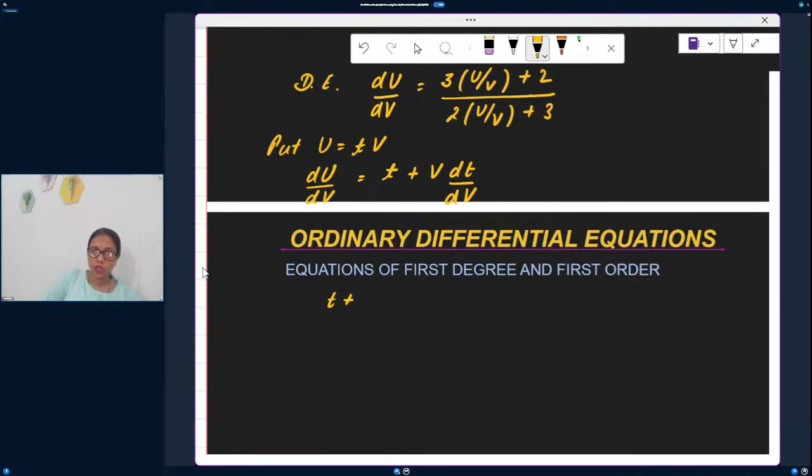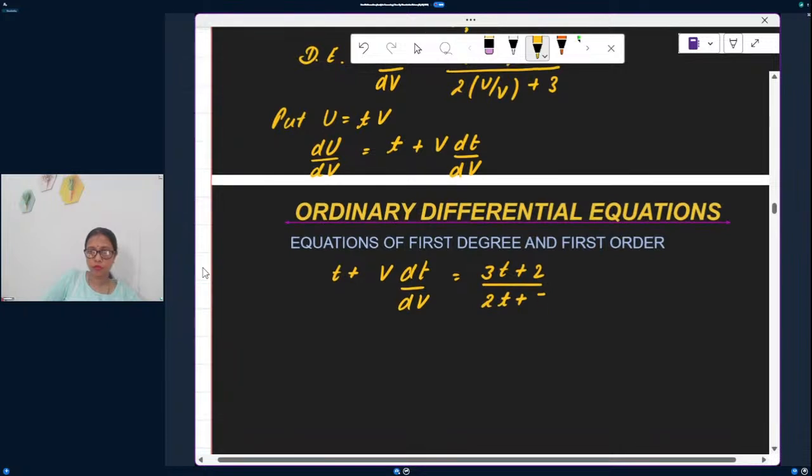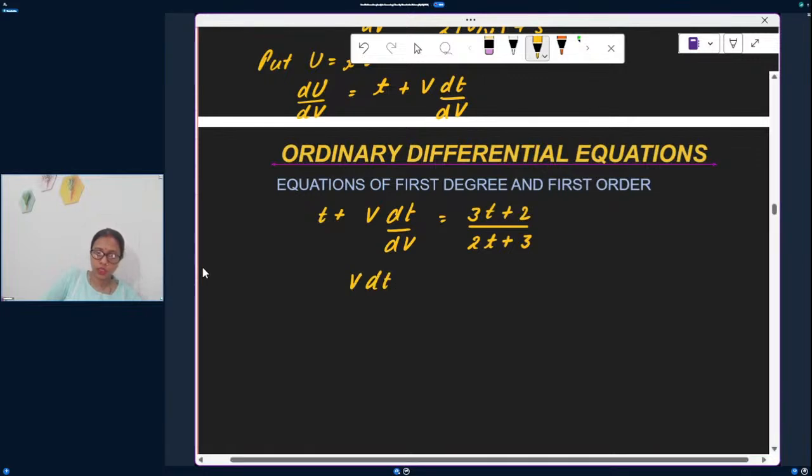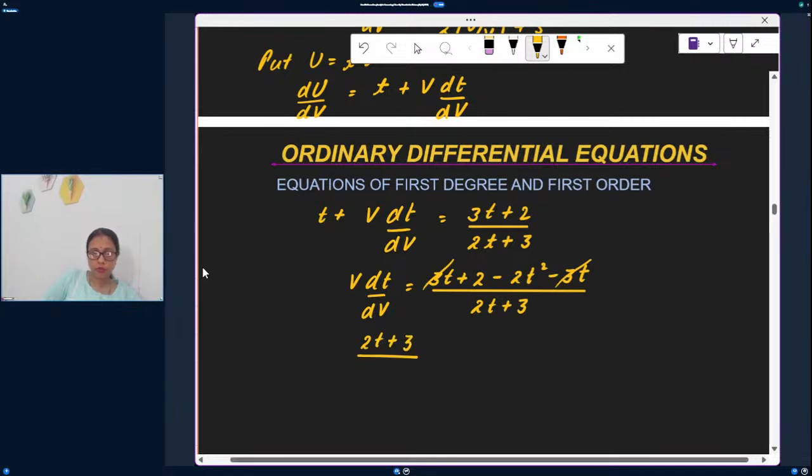It's still the same. So v dt by dv is equals to 3t plus 2 minus 2t square minus 3t divided by 2t plus 3. So this gets cancelled. 2 common, 1 minus t square. So 2t plus 3 upon 2 common, 1 minus t square dt is equals to 1 by v.